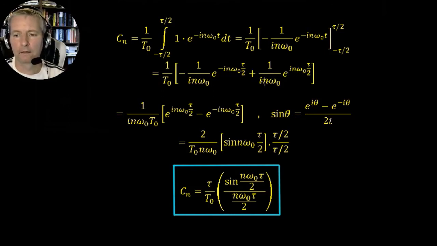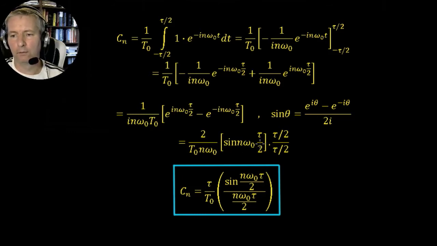So we take out the common factor 1 upon i n omega naught T0, and it gives us e to the i n omega naught τ by 2 minus e to the minus i n omega naught τ by 2. Now we've seen this identity before, and you can see that this term is roughly in the same form except for the factor of 2i. So we can multiply this by 2i; the 2 remains and the i cancels with the i, and you end up with sin of n omega naught τ by 2.